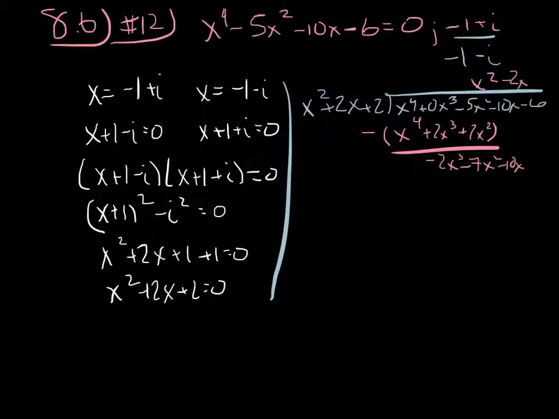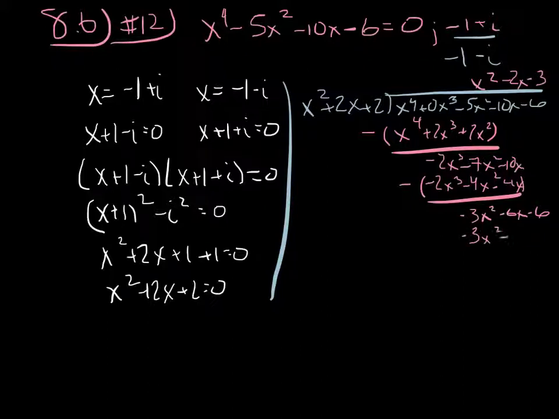Negative 2x times that stuff gives me negative 2x cubed minus 4x squared minus 4x, and we subtract. Okay, and so first terms cancel. I get negative 3x squared, and I get negative 6x minus 6, and that goes into it negative 3 times, and I get negative 3x squared minus 6x minus 6 is 0.